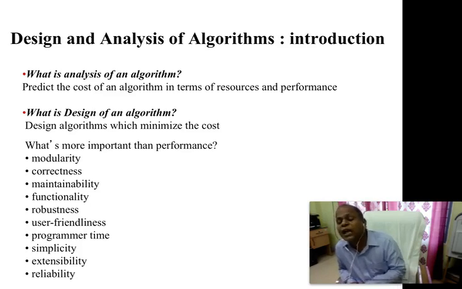Resource means how much time it will take to run the program in terms of the input, that means how many seconds it will take, and how much memory it will consume. Hence, to analyze the algorithm is to predict the cost the algorithm will need in terms of resource and performance. Performance means how much time, and resource means how much memory the algorithm requires to run on the computer.